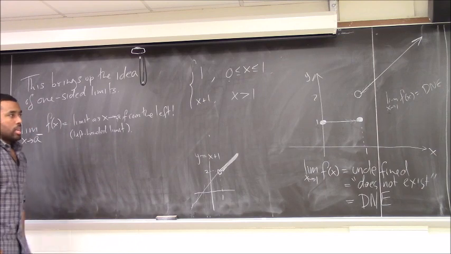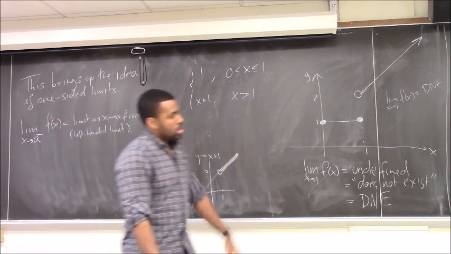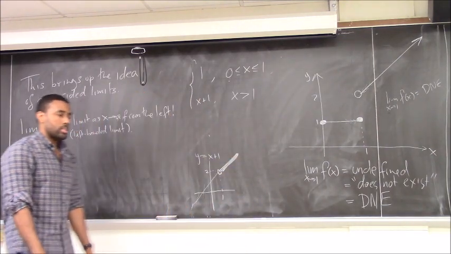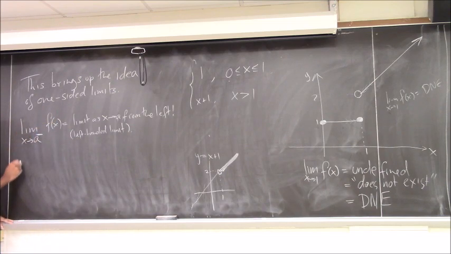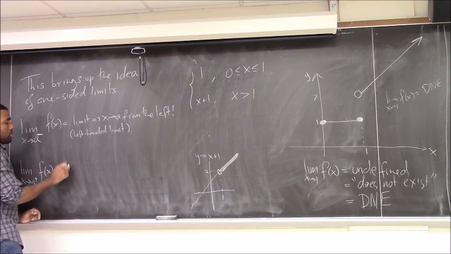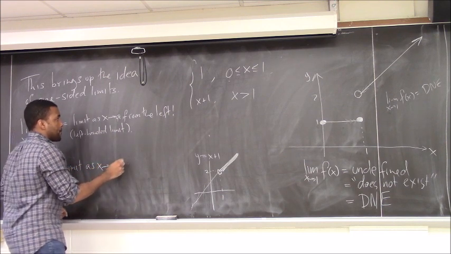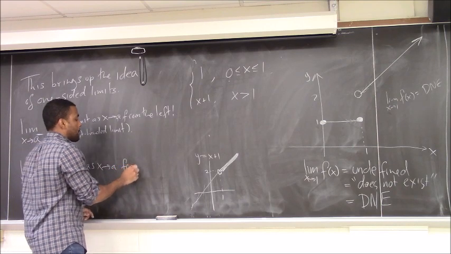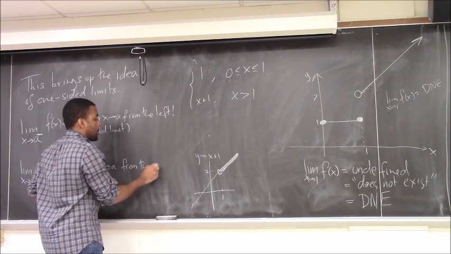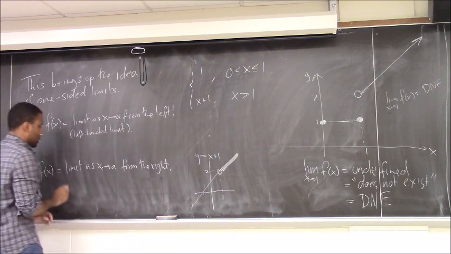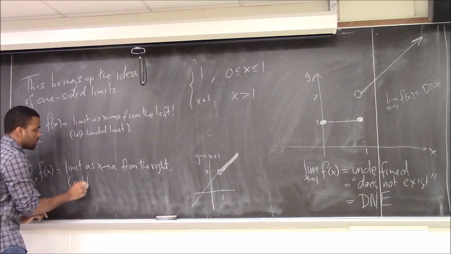So here I can take the left-handed limit, and the answer is 1. There's also another notation where you put a little plus sign as a superscript, and that denotes the limit as x approaches a from the right. This is called the right-handed limit.